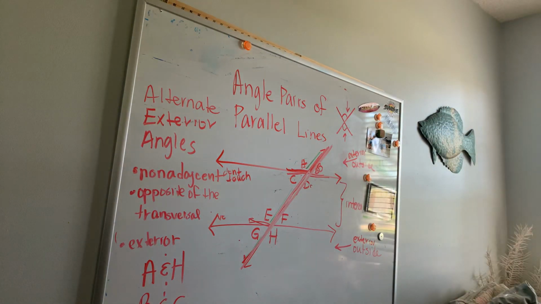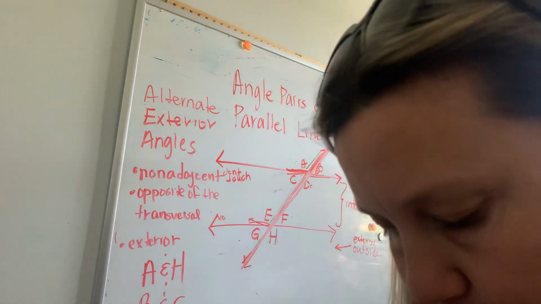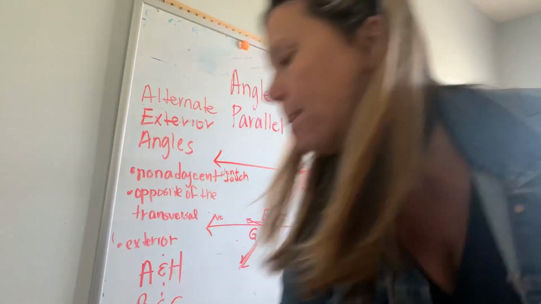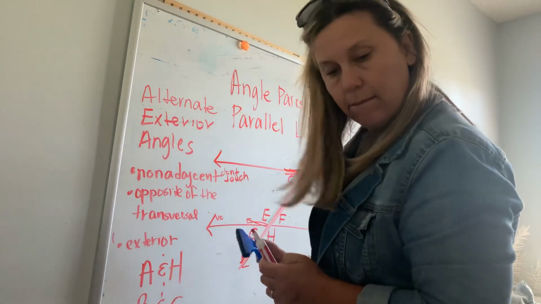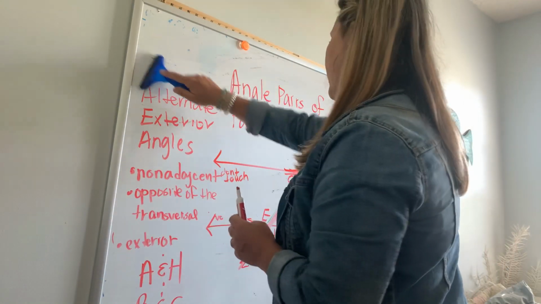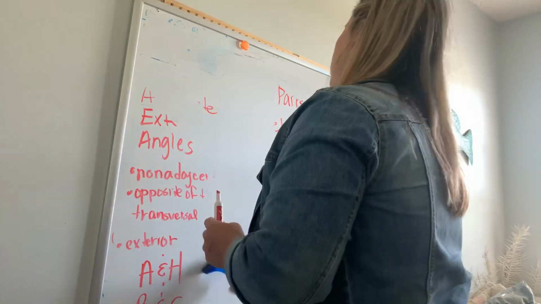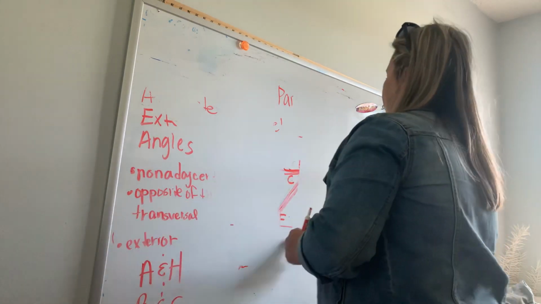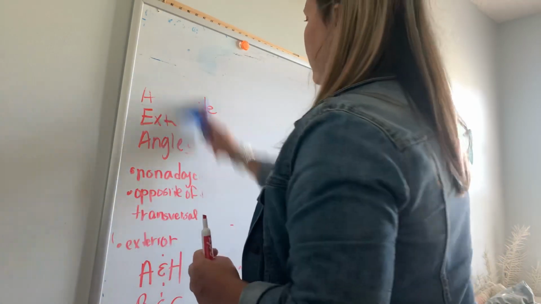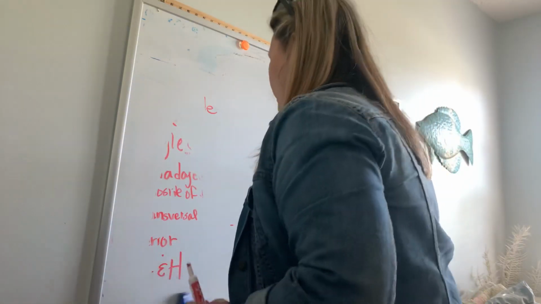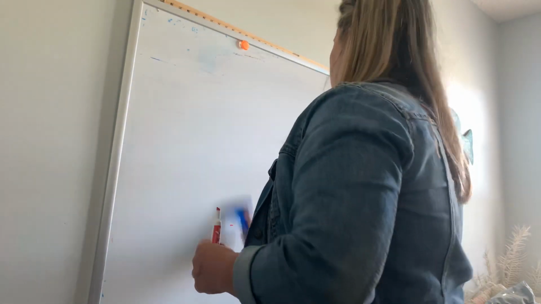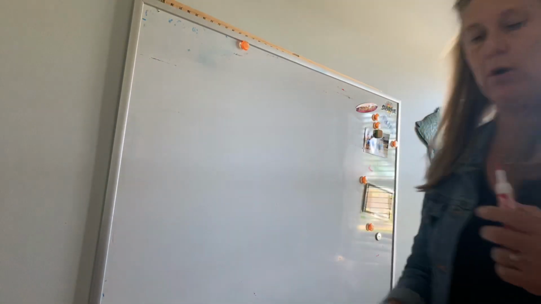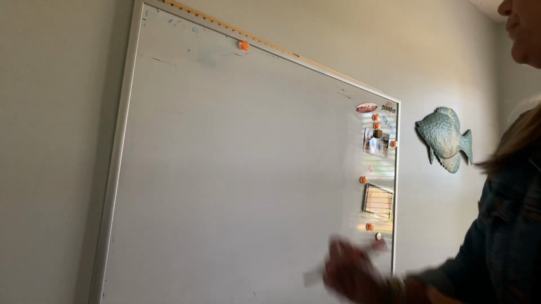So if I'm looking at your homework, I'm going to draw a fresh set of parallel lines and transversal. Like my Sudoku, which I'm playing way too much of lately, if I can know one number, I can figure out the rest.